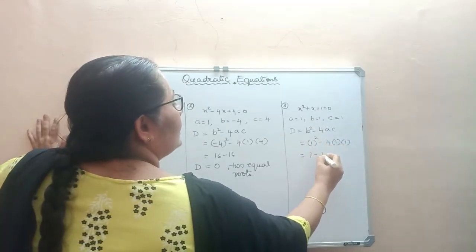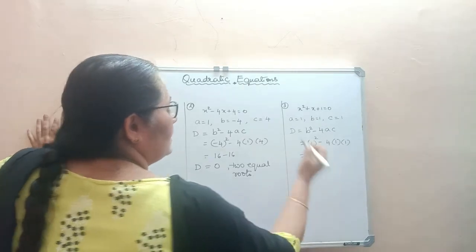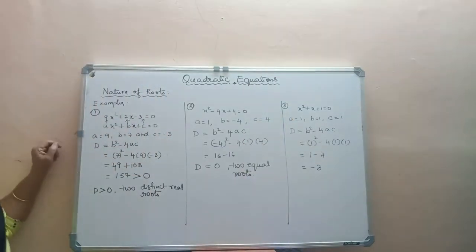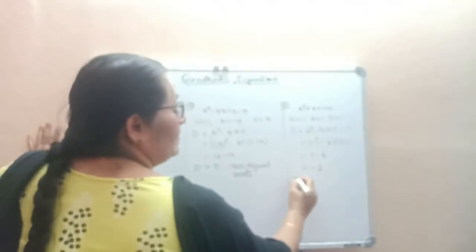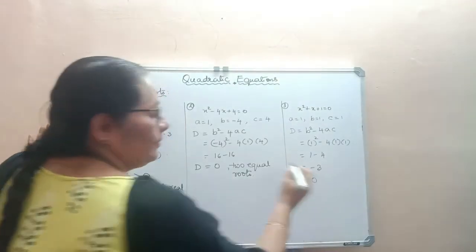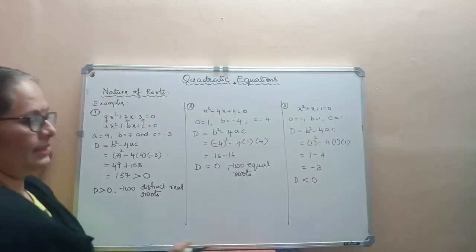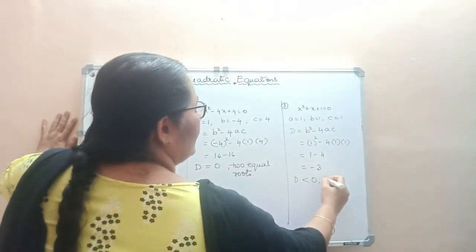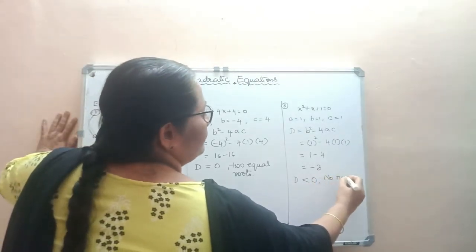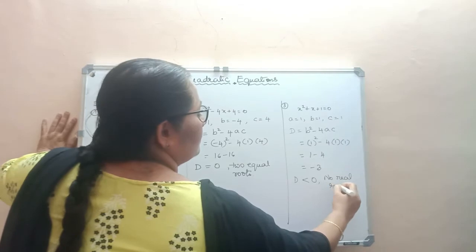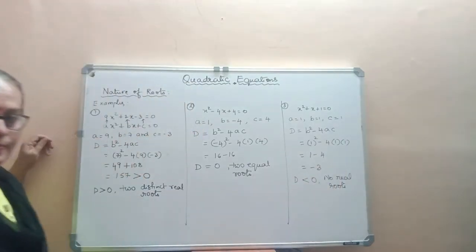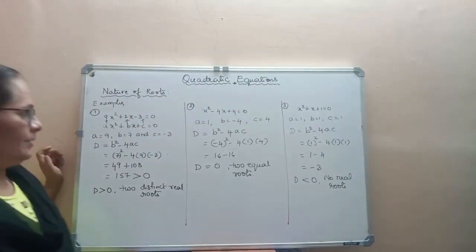So 1 minus 4 which is minus 3. So discriminant is negative. Negative means it will be less than 0. So therefore no real roots. I hope you understood this.